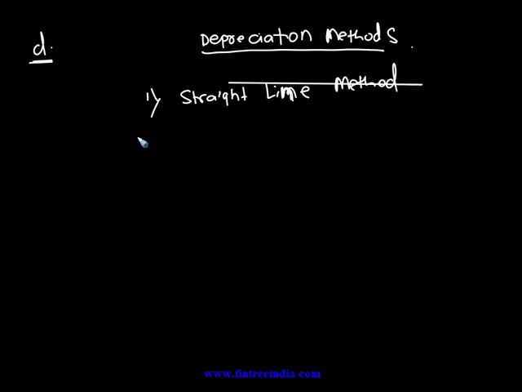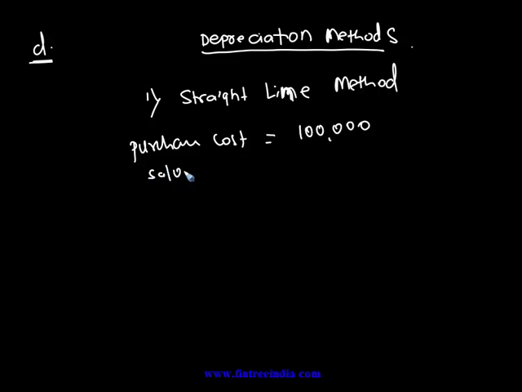This is about depreciation methods. The first depreciation method is the straight line method. Let us say the purchase cost of an asset is 100,000. Estimated salvage value, so this is an estimated number, is 20,000.